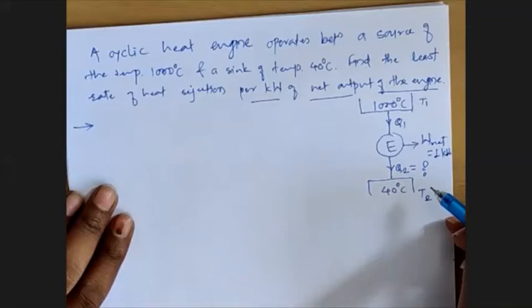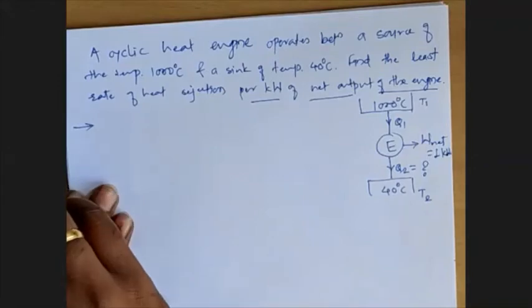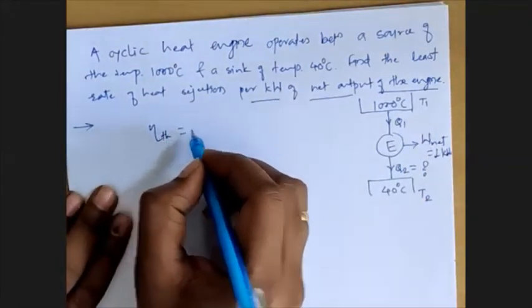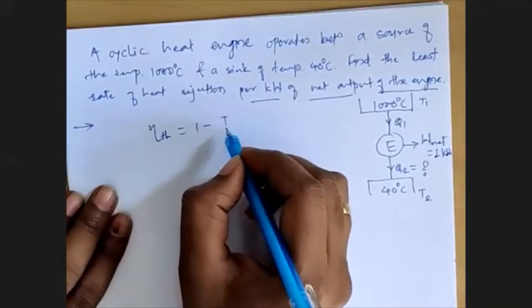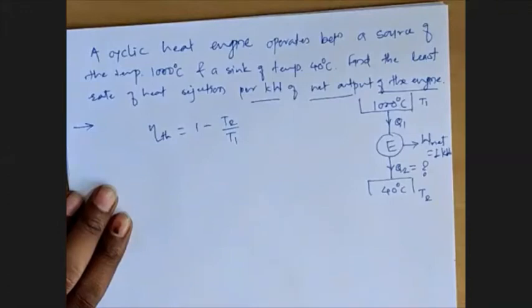First find efficiency. Very good, because I have the source and sink temperature, so I can calculate efficiency from that. So N thermal is equal to 1 minus T2 by T1, right? That is the relation for efficiency.